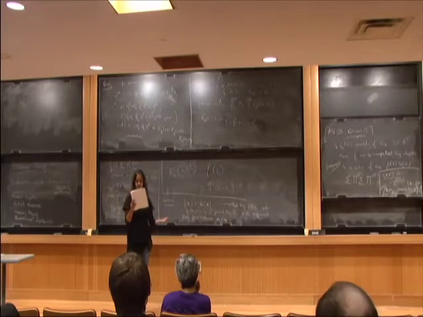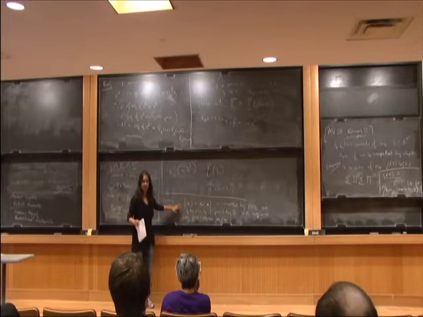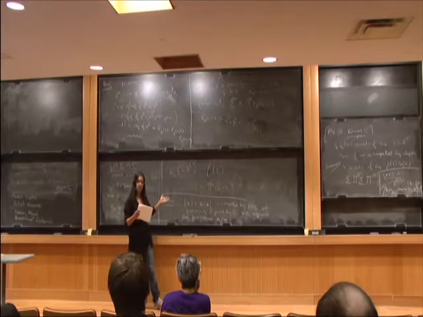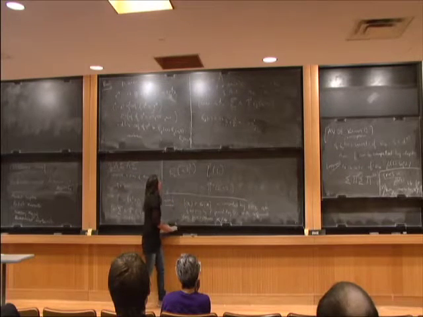Then the claim is that you can replace this circuit with a circuit purely over the rationals, but the size blows up a little bit.